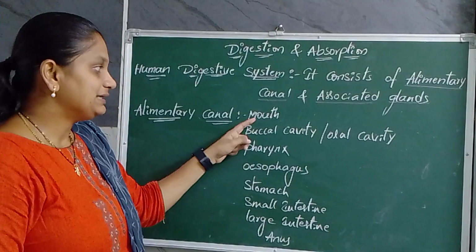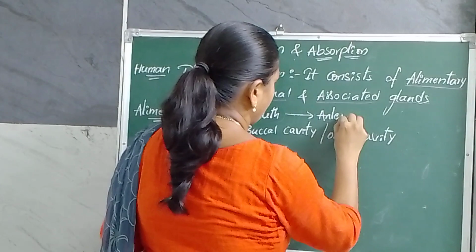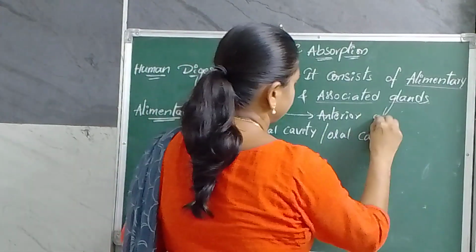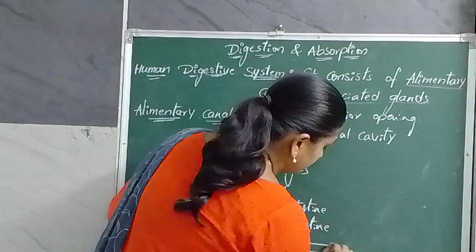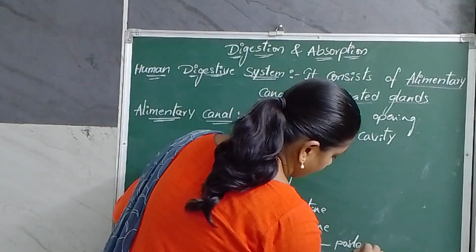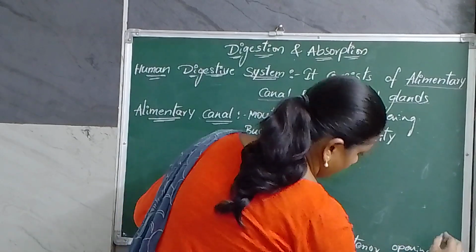The anterior opening is called mouth and the posterior opening is called anus.